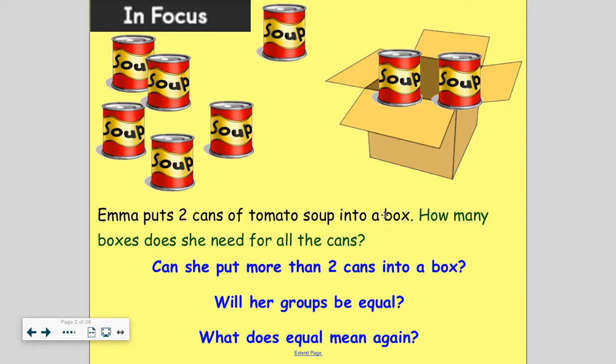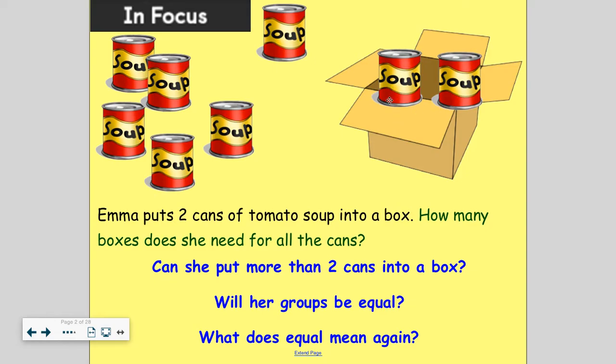Now, if Emma has already filled one box with 2 cans of soup in, really she needs to make sure all of the boxes have 2 cans of soup in them. Because if you remember, one of our objectives today was to be able to solve division problems by making equal groups.